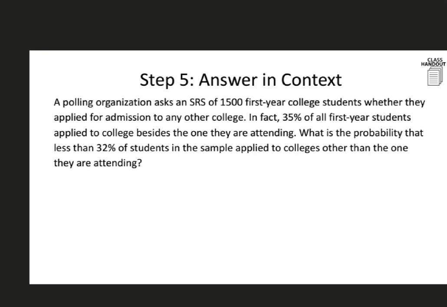So lastly, we're going to answer in context. So the easiest way to answer in context is to state the question as a statement. So it says, what is the probability?